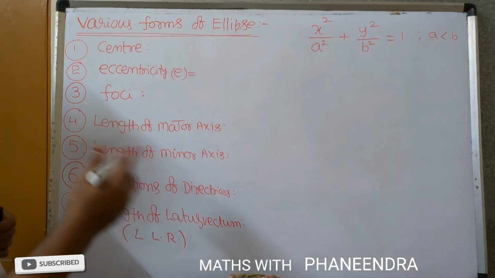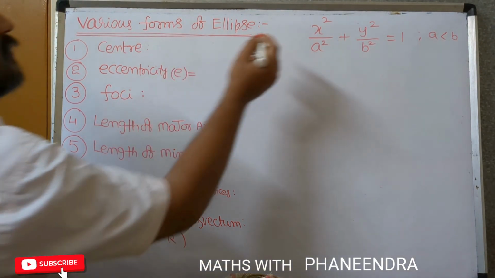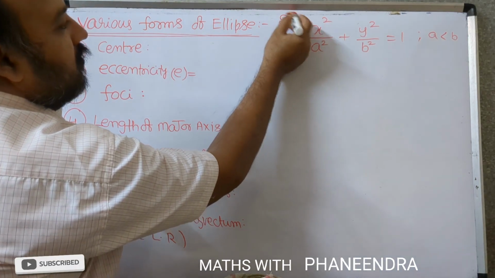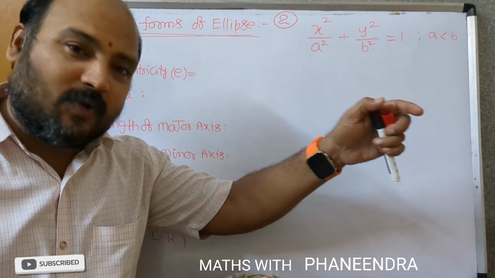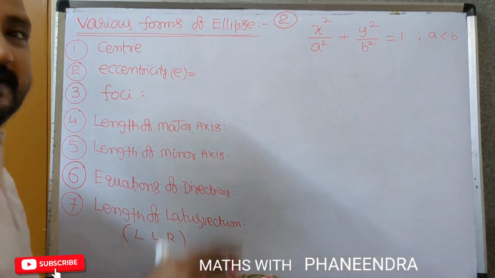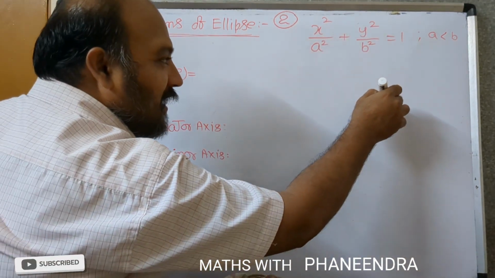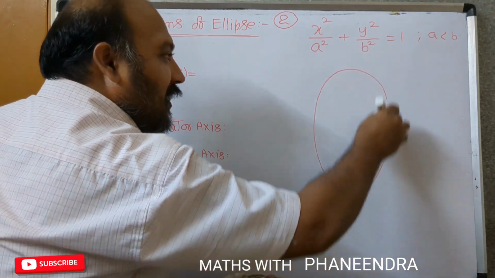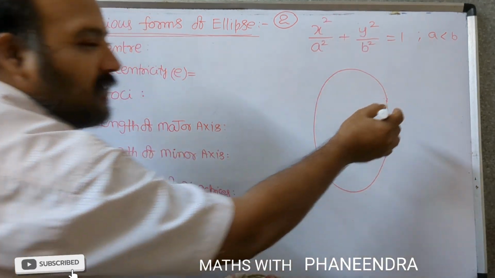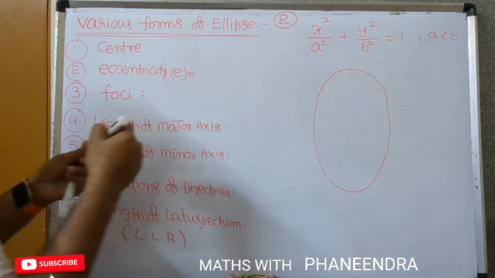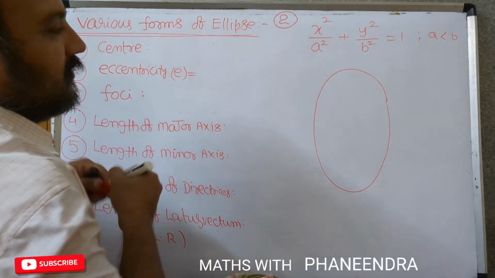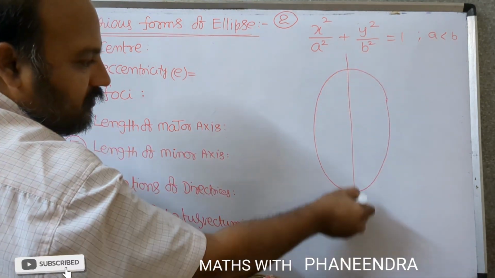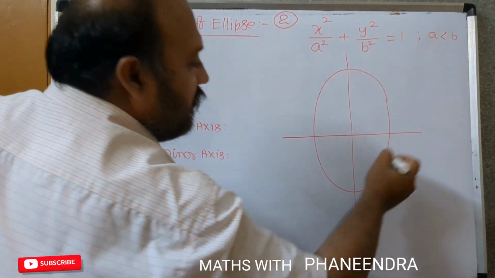Now come to the second case, the second model: x squared by a squared plus y squared by b squared equals 1, but a is less than b, dear students. So the figure will come like this, vertically, as I just said.